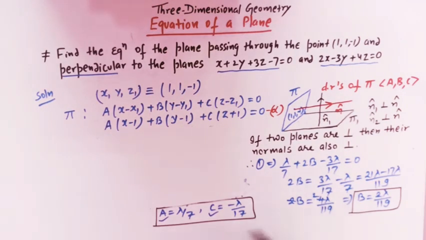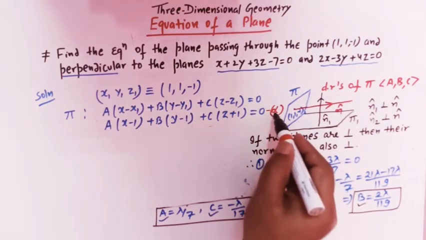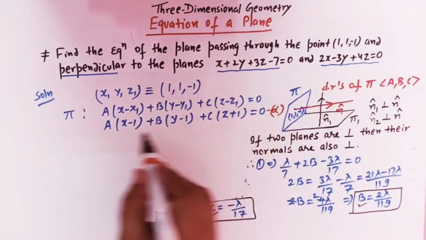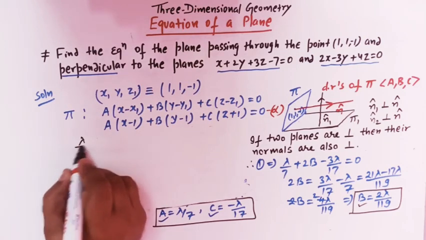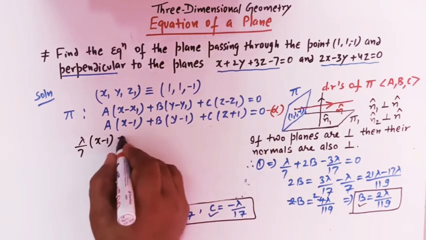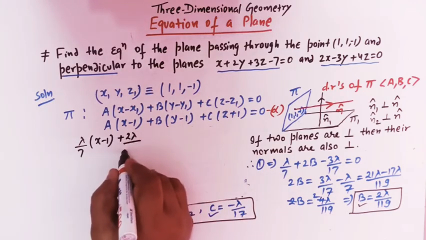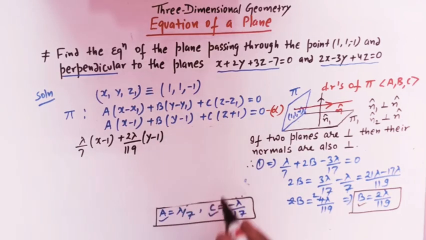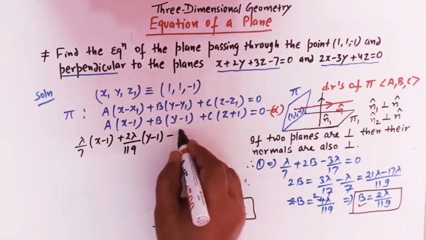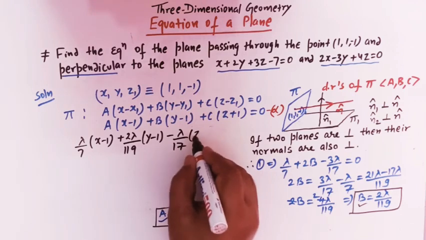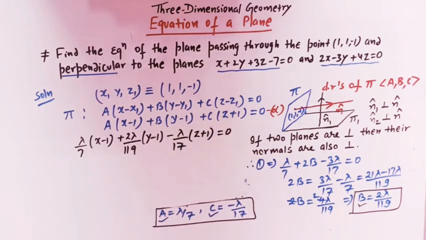So now we'll substitute the value of a, b and c in equation number alpha. So here we have lambda over 7 times x minus 1, then we have b, that is 2 lambda over 119, times y minus 1, and then we have c, that is minus lambda over 17, and here we have z plus 1 is equal to 0, right?